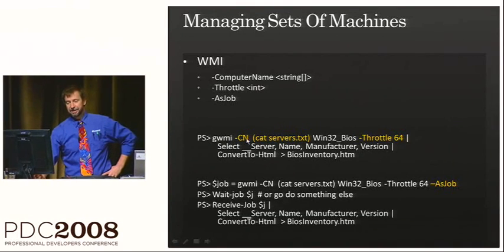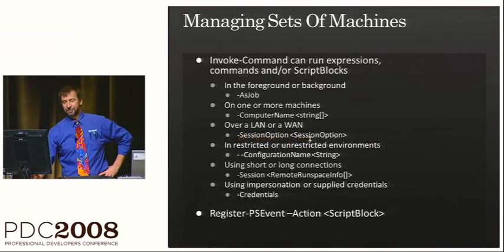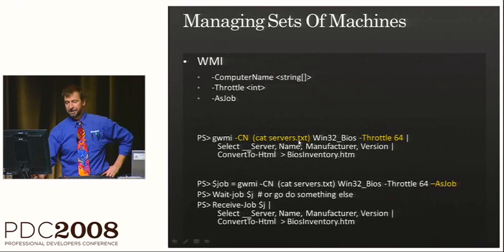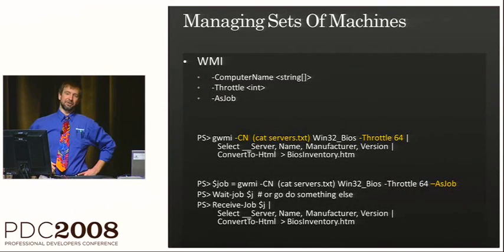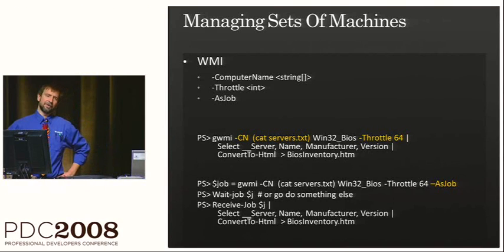So here's an example of how you might do that. Get-WmiObject -ComputerName, and you'd cat some file here and say throttle it by 64. And then select the server name, manufacturer, version. You can convert it to HTML and output it to a BIOS inventory. So it's as simple as that to do a BIOS inventory across a large set of machines. Now again, if you want to do that for 50, maybe 100 machines, this is perfectly fine.